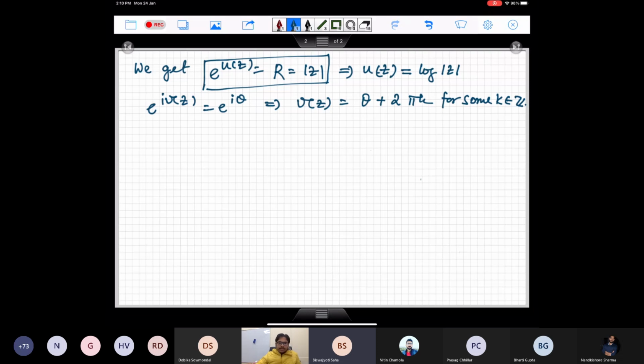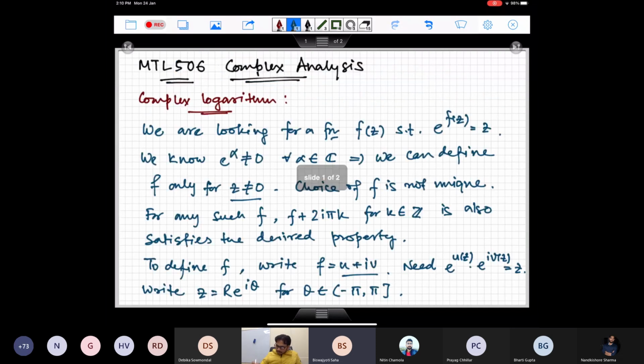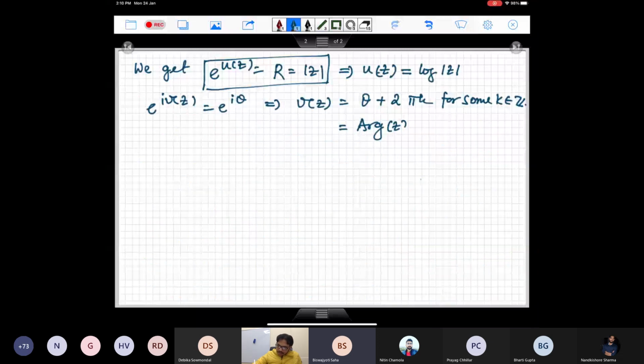Yeah. Okay, and now remember I had taken my theta from minus pi to plus pi. If my theta is in this range, what name did we give for theta? Do you remember? Principal argument. So it is the principal argument of z plus 2 pi k, this way.